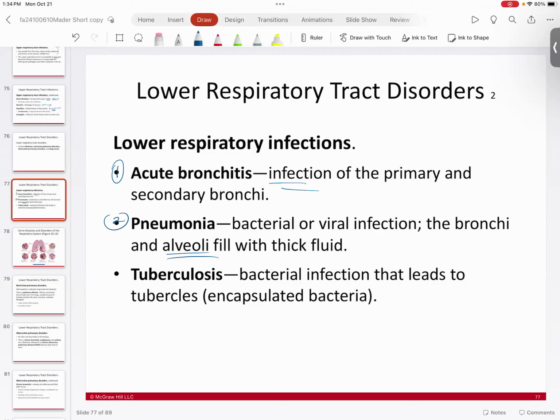Because remember when we talked a little bit about earlier, the respiratory membrane. Remember we talked about that zone where the oxygen and the CO2 had to cross over the alveolar epithelium, then it had to go into the capillary epithelium and then into the blood. And that distance had to be as small as possible because the diffusion is limited by distance. Well, what happens when you have pneumonia is it causes a thickening of that distance.